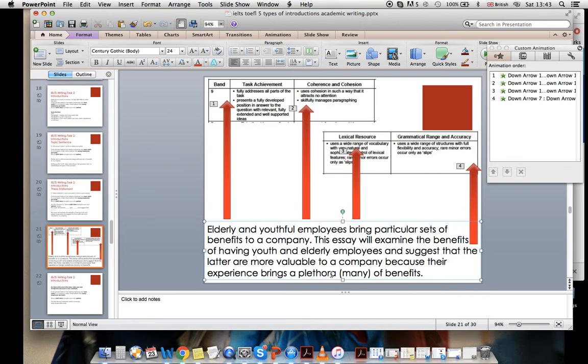So it brings a plethora of benefits. Now, we still haven't really said what the benefits are, but we have used Band 9 language. We have gone for a wide range of structures by adding this because in, and we have addressed all parts of the task. We're showing the reason why, and the cohesion is there because we have this essay plan. Okay, super important.